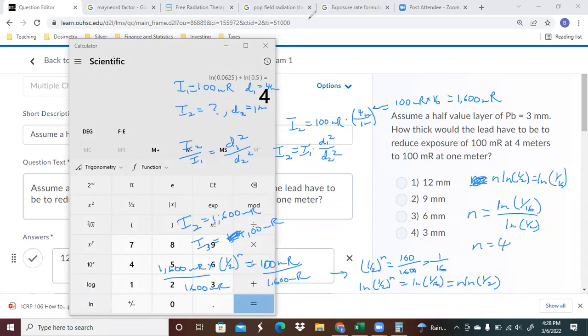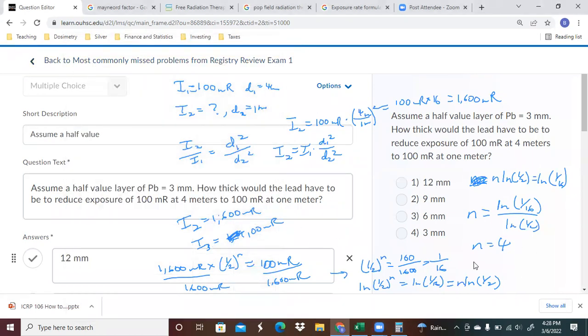Since I have to apply 4 of these half value layers, I take 4 of these values of 3 millimeters, which basically means 4 times 3 millimeters, I come up with 12 millimeters, which is what I have to apply in order to get the exposure down to that point.